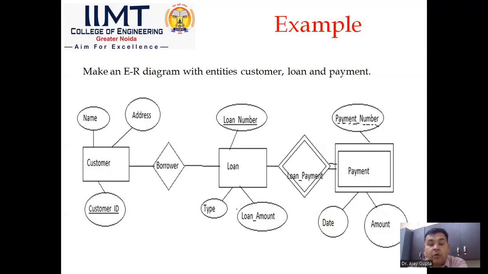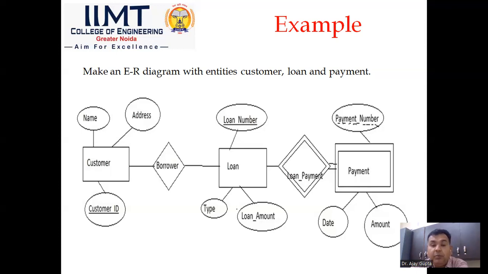And for the borrow relationship set, when we draw the table of borrow, we take one attribute from the left side and one attribute from the right side. Which attribute is going to be chosen? The prime attribute. So for the borrow table, we are going to draw 2 columns: one is customer ID and one is loan number.